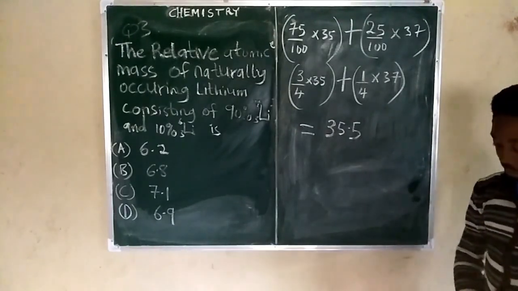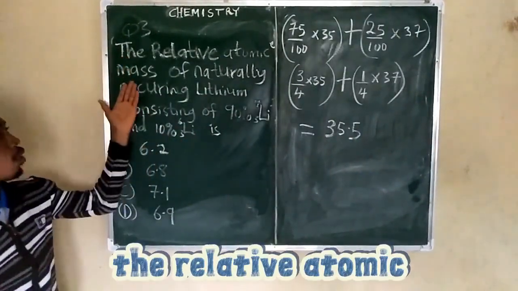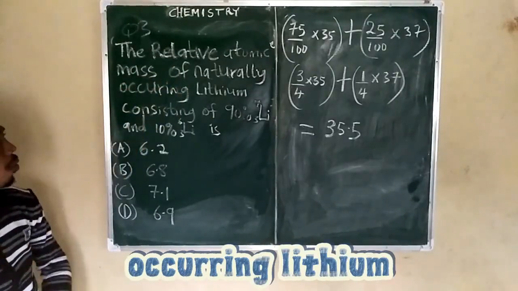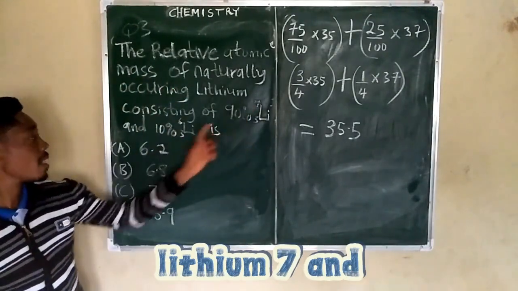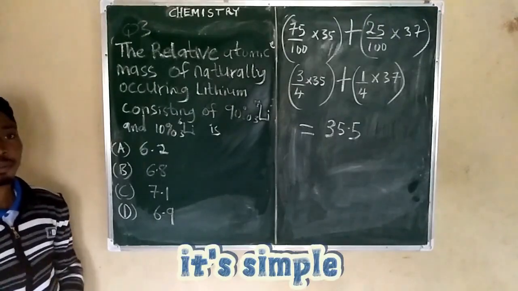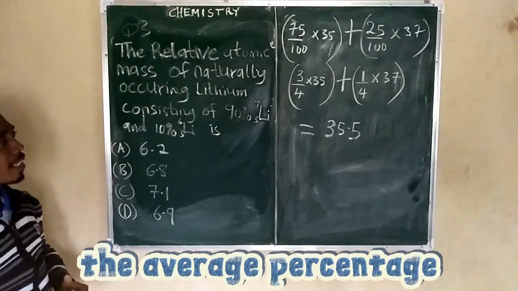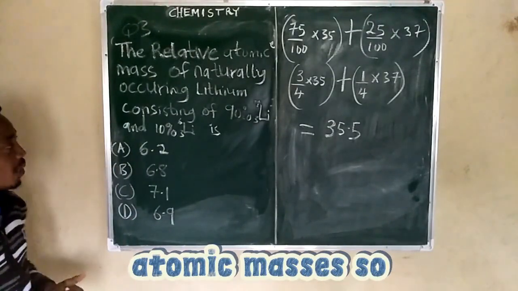Question 3. The relative atomic mass of naturally occurring lithium consisting of 90% lithium-7 and 10% lithium-6 is, it's simple, the average percentage composition of the atomic masses.